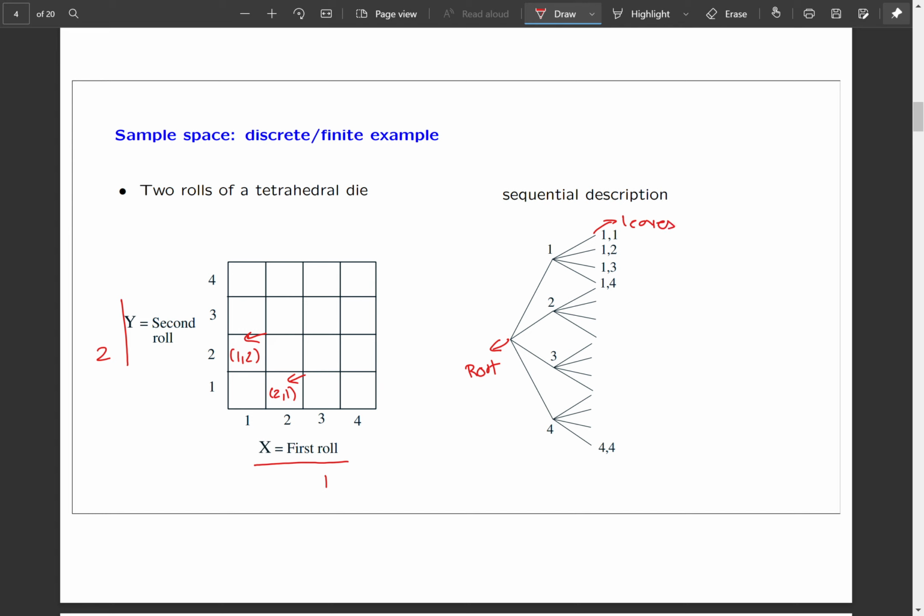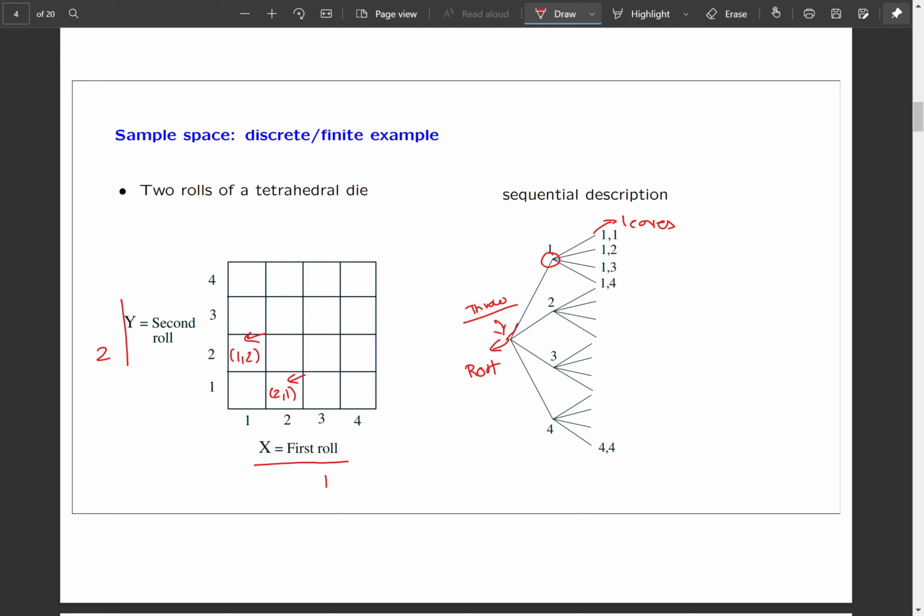So we'll do the experiment again for the tree model also. We'll do the same experiment. So the experiment starts. We'll throw the die, and there are four different possibilities for the outcome of the first stage. Let's say we got result 1 after we throw the first die.